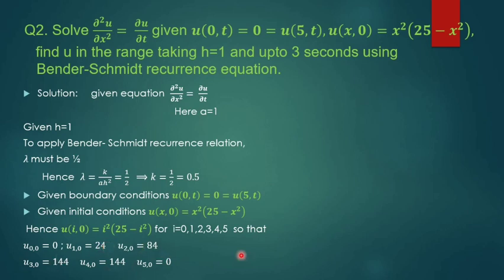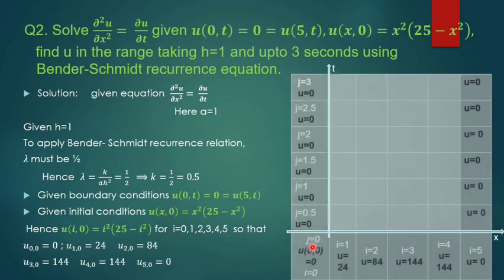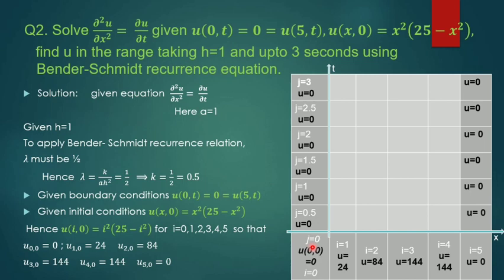So now you plot these values in the two-dimensional plane, x-axis, t-axis, and here you see that the i value varies from 0 to 5, and the corresponding values obtained along j is equal to 0, that is the initial values, are marked here.